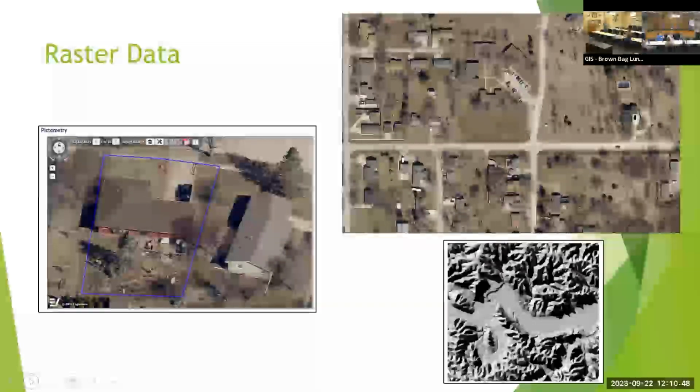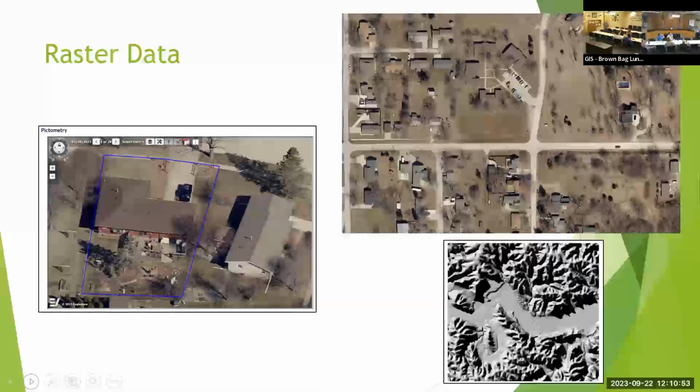Okay, so I've talked a little bit about the shapes and the tabular data. I also want to touch on raster data. So raster data is, if you imagine small pixels, and each of those pixels has a value, basically like a digital photograph. I mean, everyone's kind of familiar with that. But so in the upper right is a traditional top-down view, what we call orthophotography, because it's basically just a top-down view.